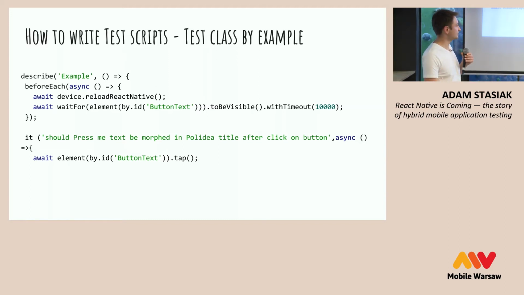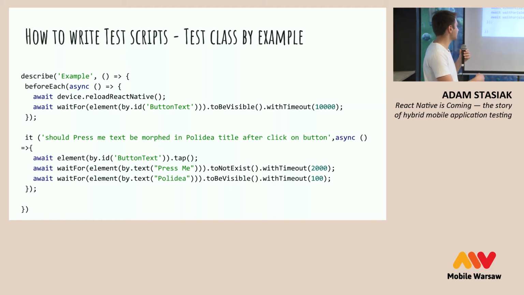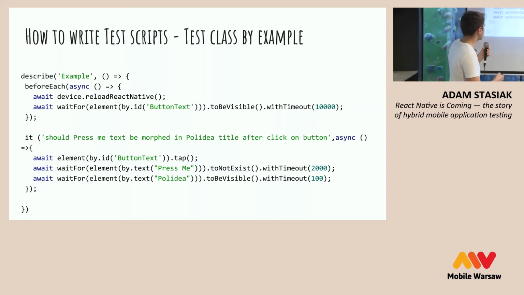This time we perform an action, tap action. Next, we will be waiting for the element with text press me to not exist. So we are waiting for this element to disappear with a limited time, 2 seconds. And next, we will also add another command to check if the next item was displayed with a 100 milliseconds timeout.